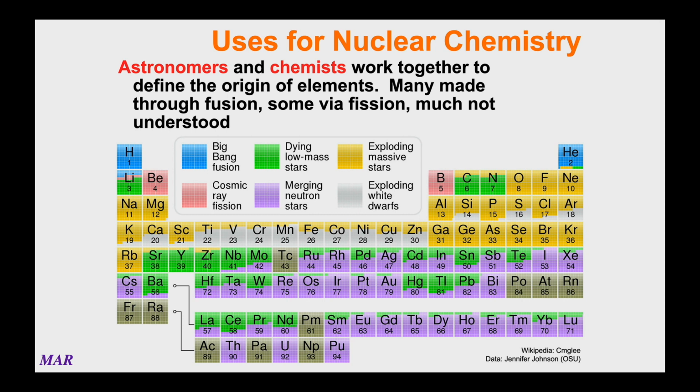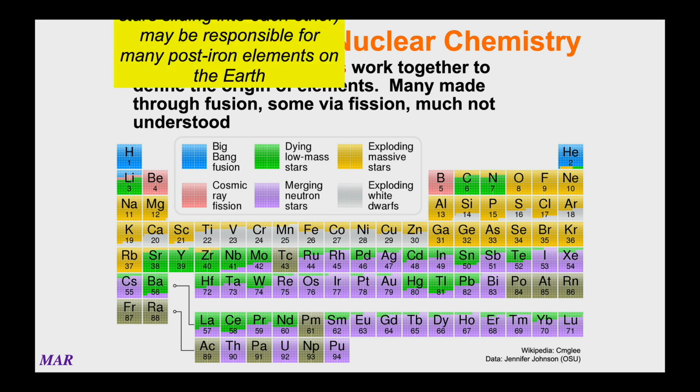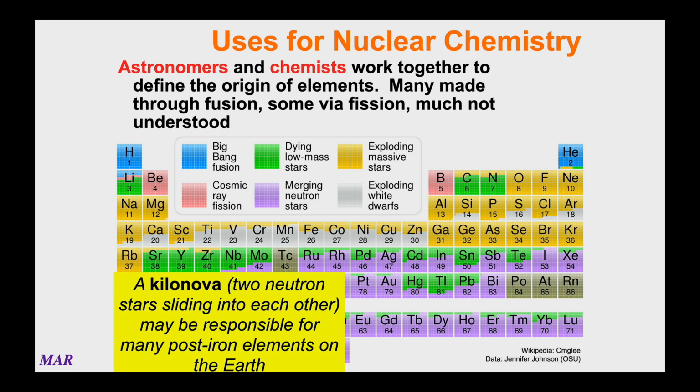So they have different theories about how these elements were made, and this is definitely an area of research as well. I like this term, a kilonova, which I hadn't heard until relatively recently. A kilonova is when two neutron stars supposedly collide into each other, and they feel that kilonovas might be responsible for many of the post-iron elements on the Earth.